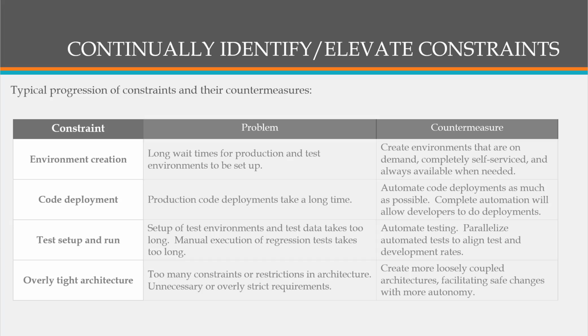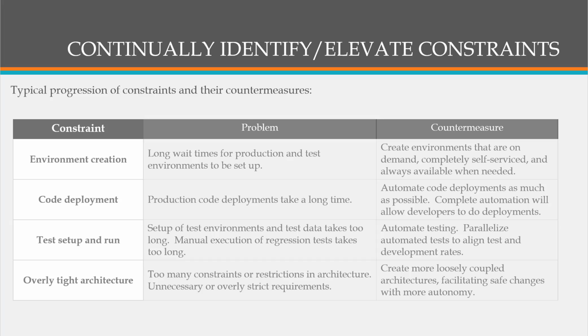Okay, let's move on. Part of the process of identifying and elevating these constraints, we've got a chart here that gives 4 potential constraints and what the problem with those constraints are and why it's a constraint, along with a countermeasure or what we can do to eliminate that constraint.